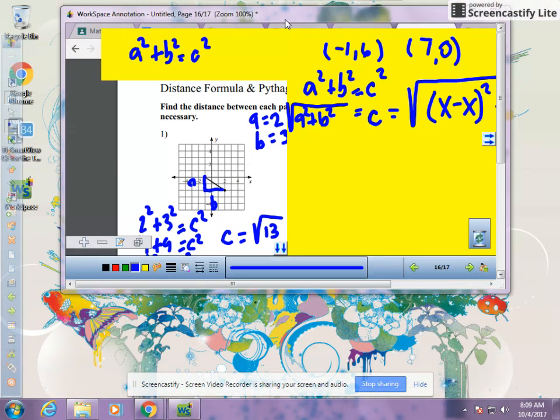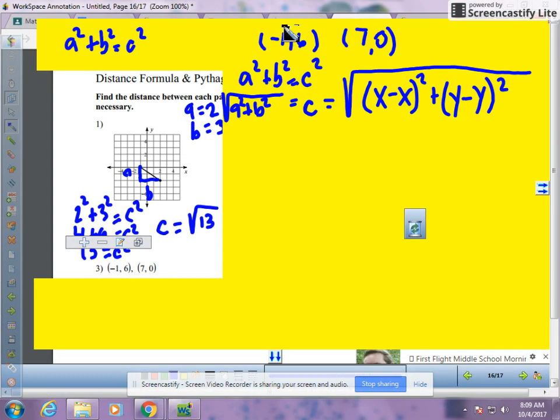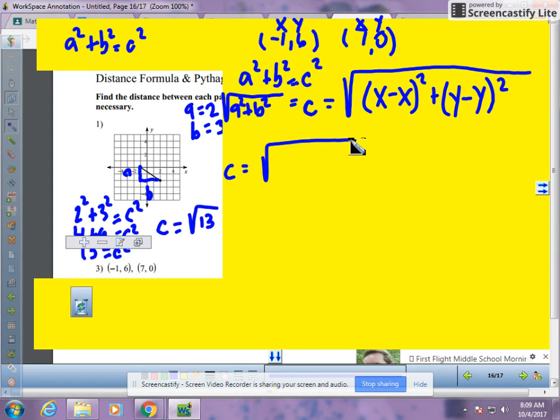So keeping in mind that this is x, this is y, this is x, and this is y, I'm going to do this. So c is equal to the square root of, I'm going to say, -1 minus 7 squared plus 6 minus 0 squared.